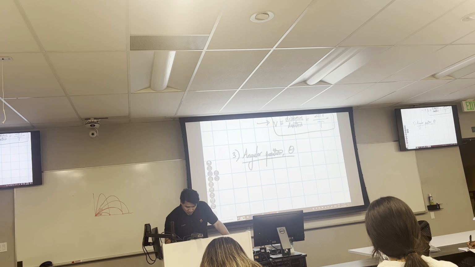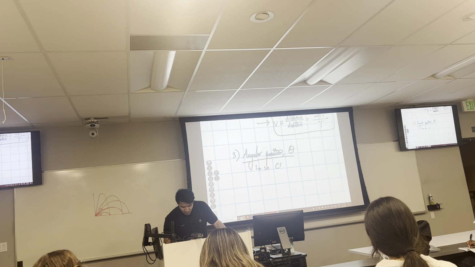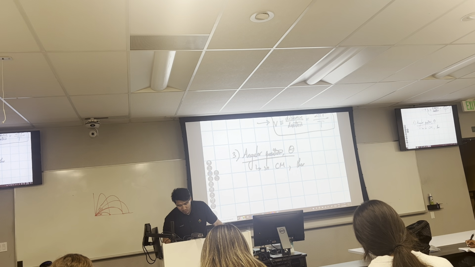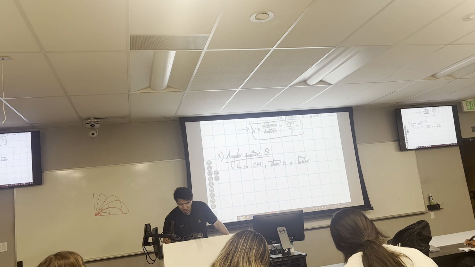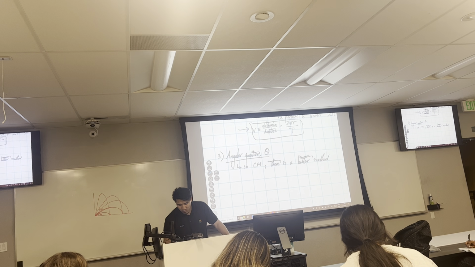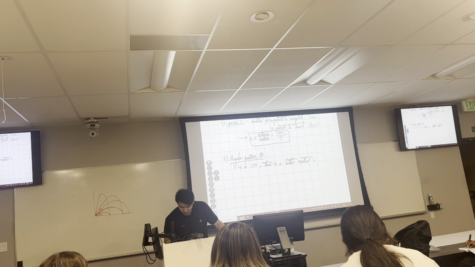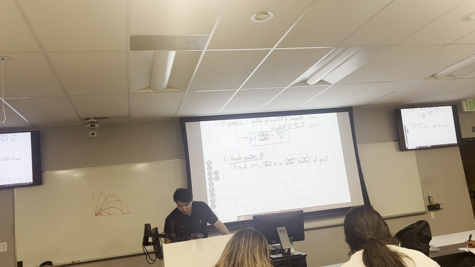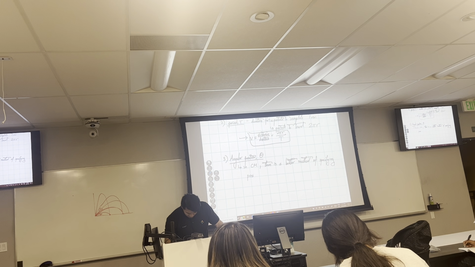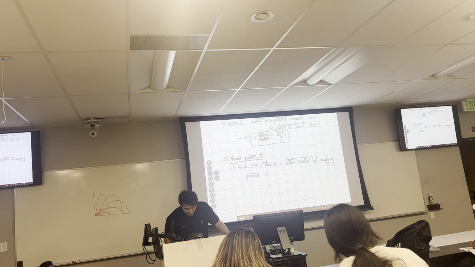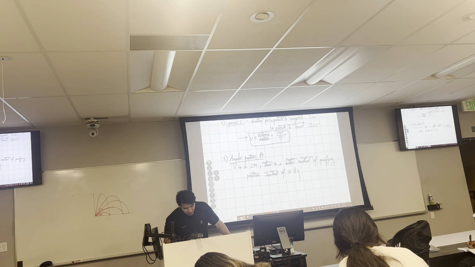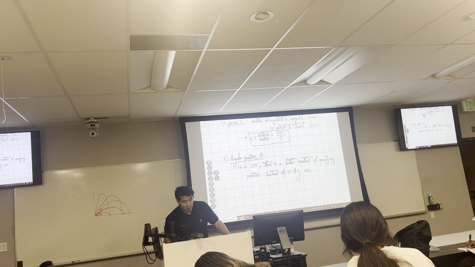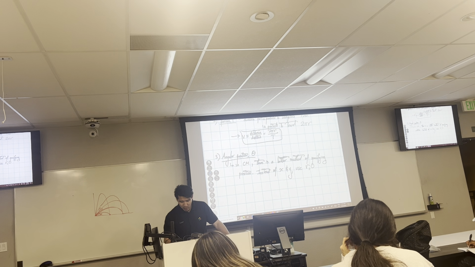So in circular motion, there is a better method of specifying position. So instead of x and y, we use what is called r and theta.